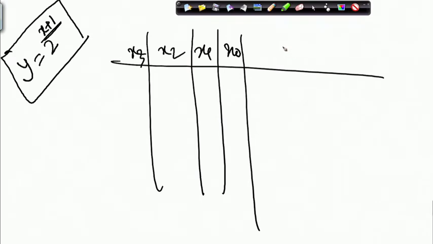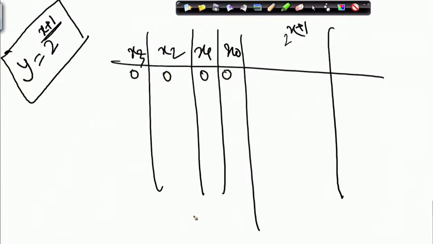Earlier the value started from 0, but here, as I am adding x plus 1, it will start from 1.